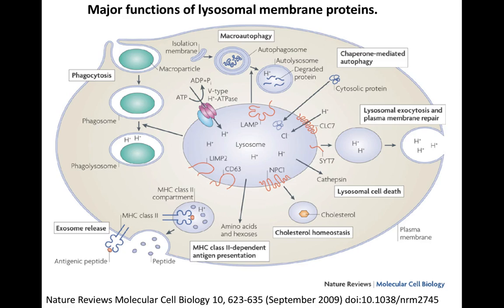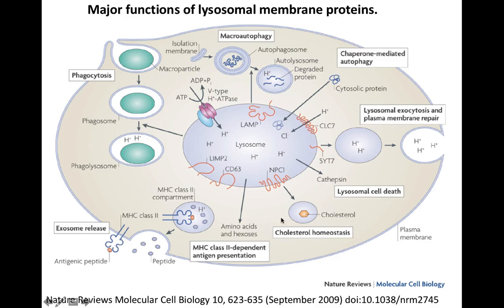So we have learned today that the lysosomes contain different types of membrane proteins which perform different functions, and these functions can be associated with phagocytosis, macroautophagy, chaperone-mediated autophagy, lysosomal exocytosis, plasma membrane repair, neurotransmitter release, and lysosomal cell death.